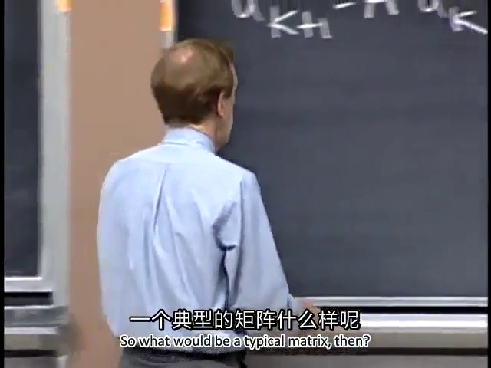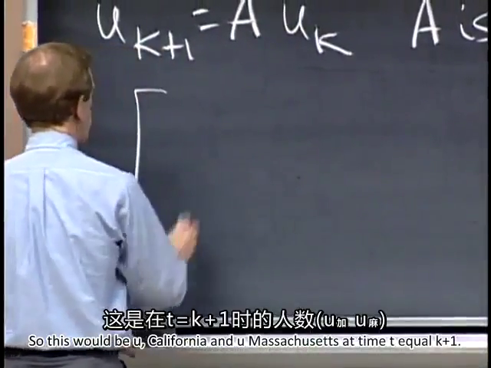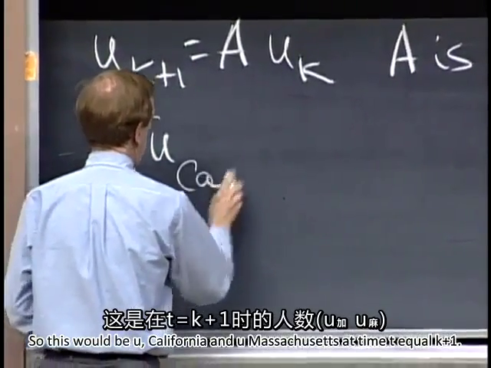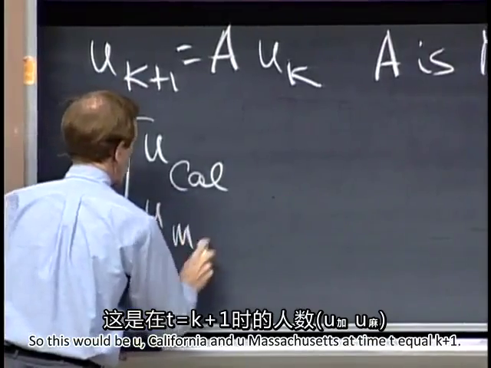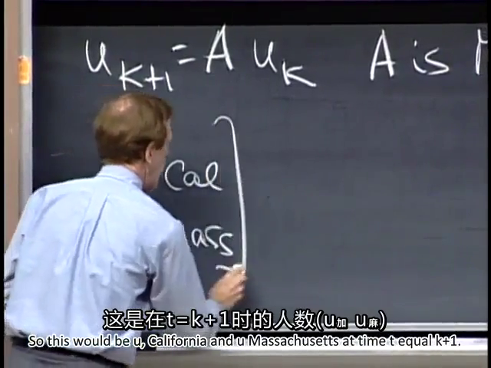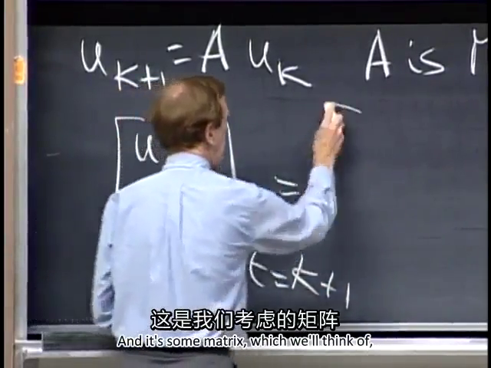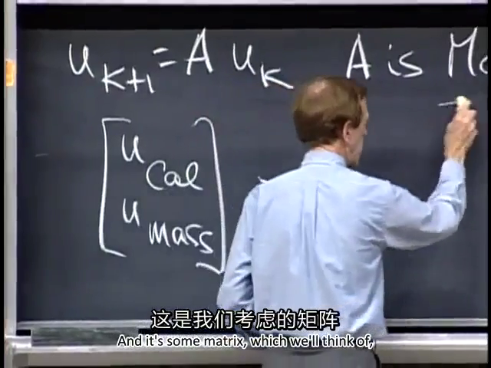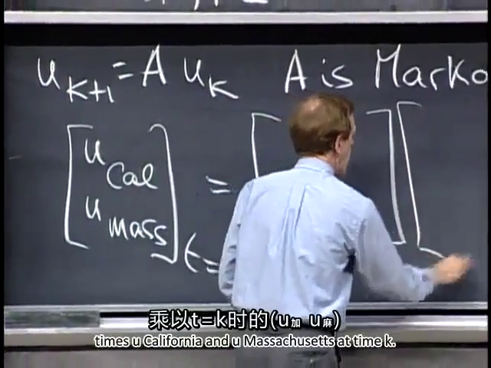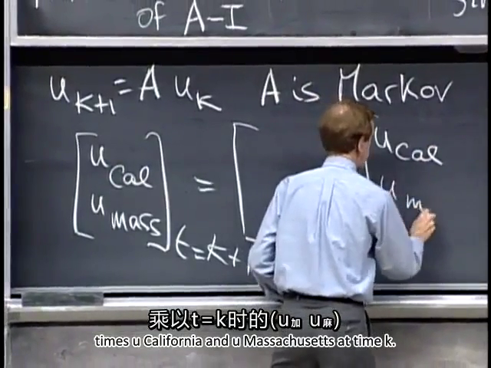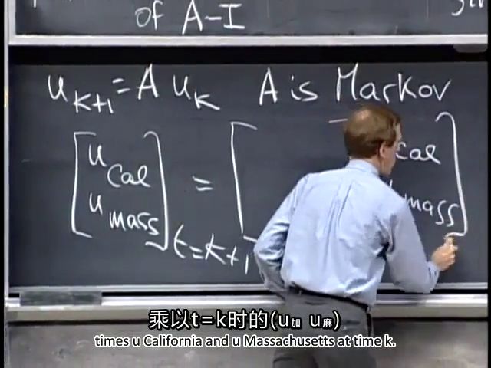OK, so what would be a typical matrix then? So this would be U California and U Massachusetts at time k plus 1. And it's some matrix, which we'll think of, times U California and U Massachusetts at time k.